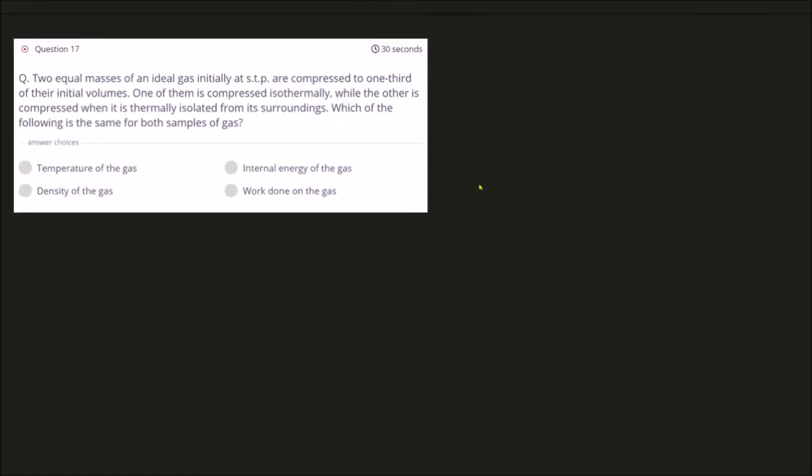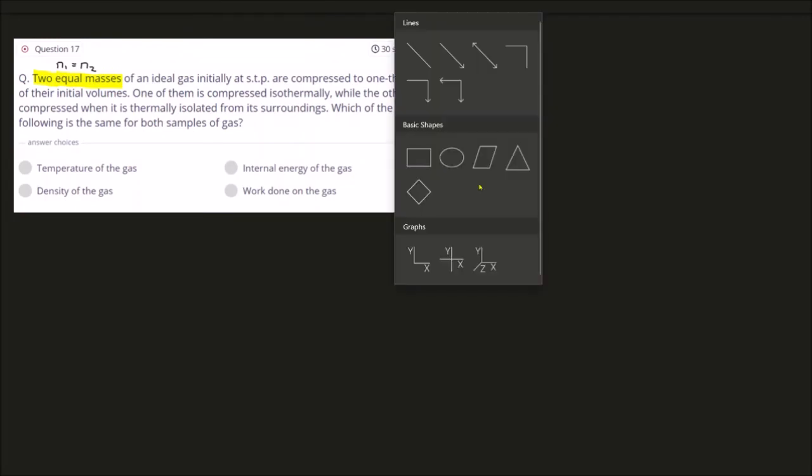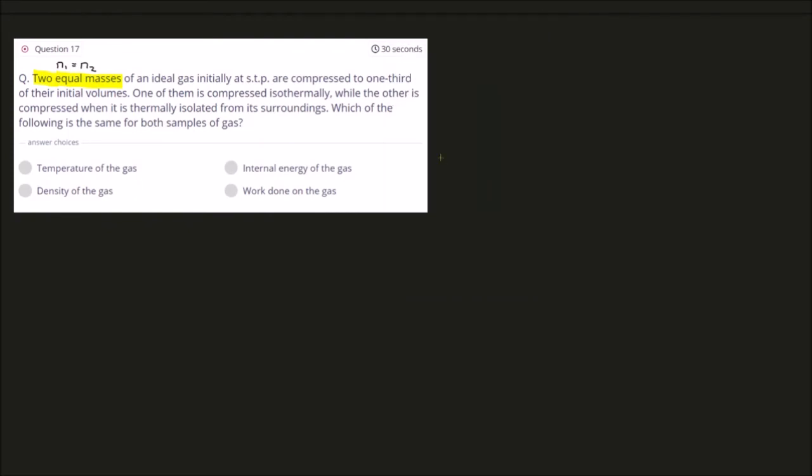Question 17. It says we have two equal masses of an ideal gas initially at STP. Two equal masses means that the n for one gas should be equal to the other gas. It's the same ideal gas, just that you have two systems, and both systems have equal masses. If you want me to draw it, it will probably be something like this.